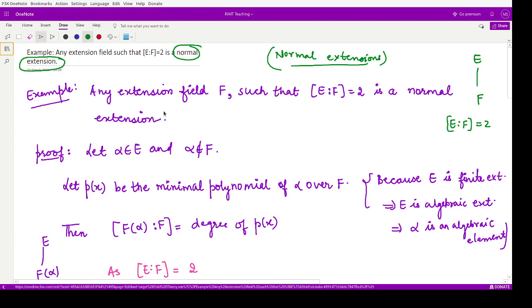So for that, because the degree given is 2, that means this is a finite extension. If this is a finite extension, it implies it is also an algebraic extension.